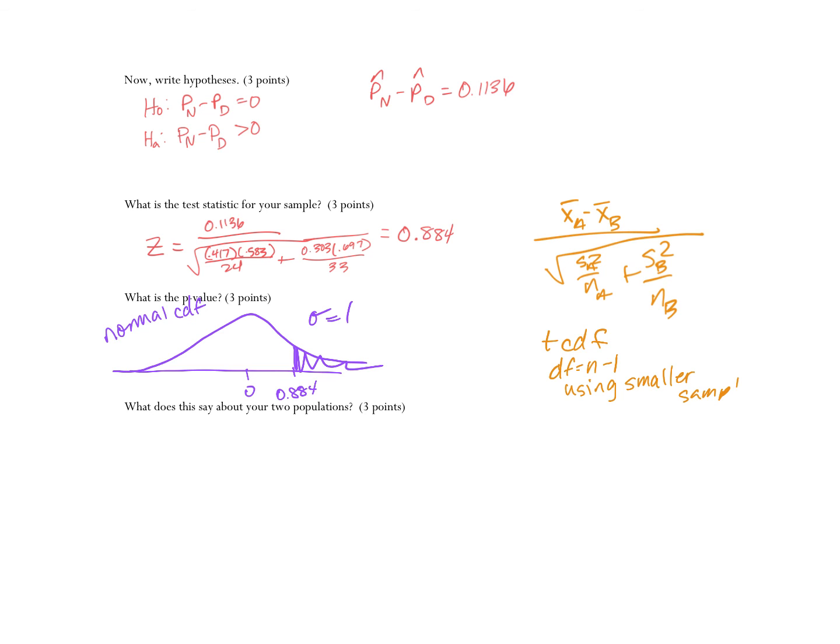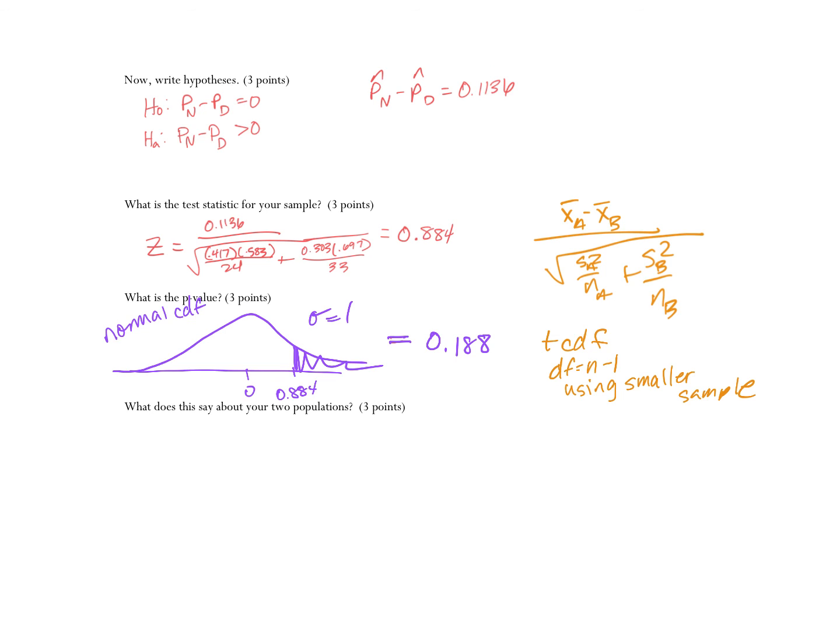Same idea. Plot it and shade. So if I go in and do my normal CDF, I'm finding my p-value to be 0.188. Okay, according to my sample, is there a difference?